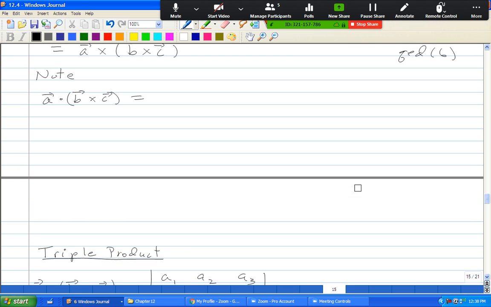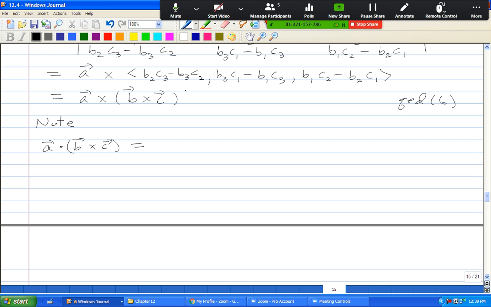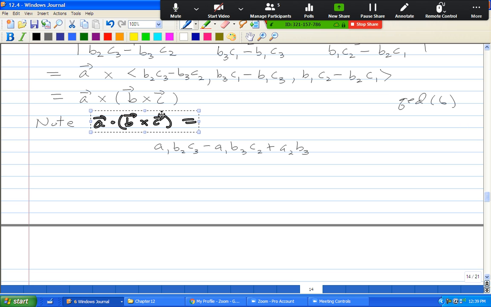So this is equal to A dot B cross C, so this is A1 times B2C3 minus A1 B3C2 plus A2, B3... maybe I should, no, I won't have room anyway. It's right up here.